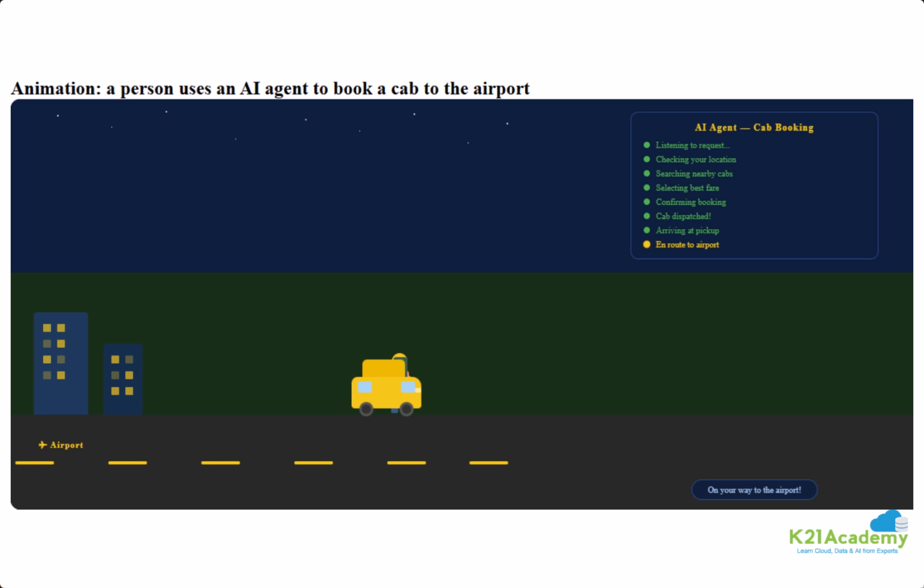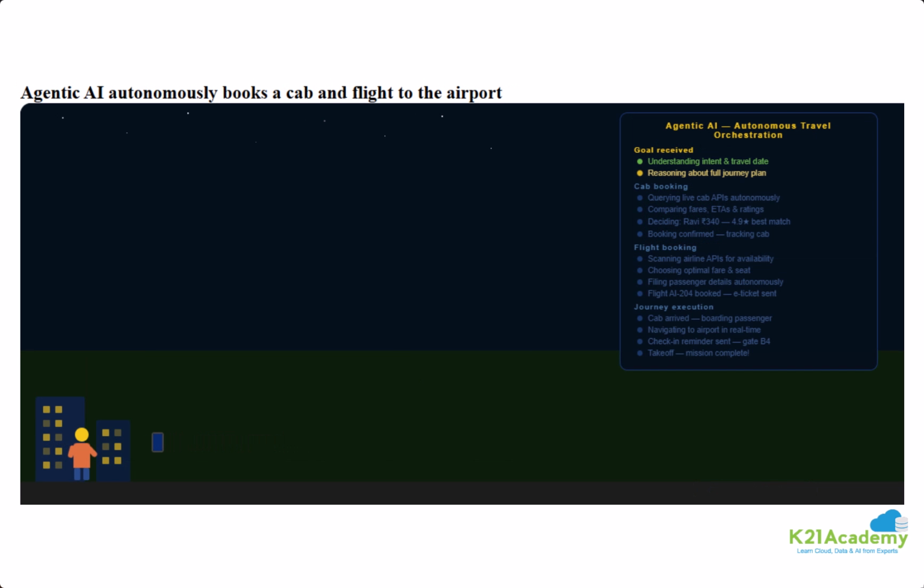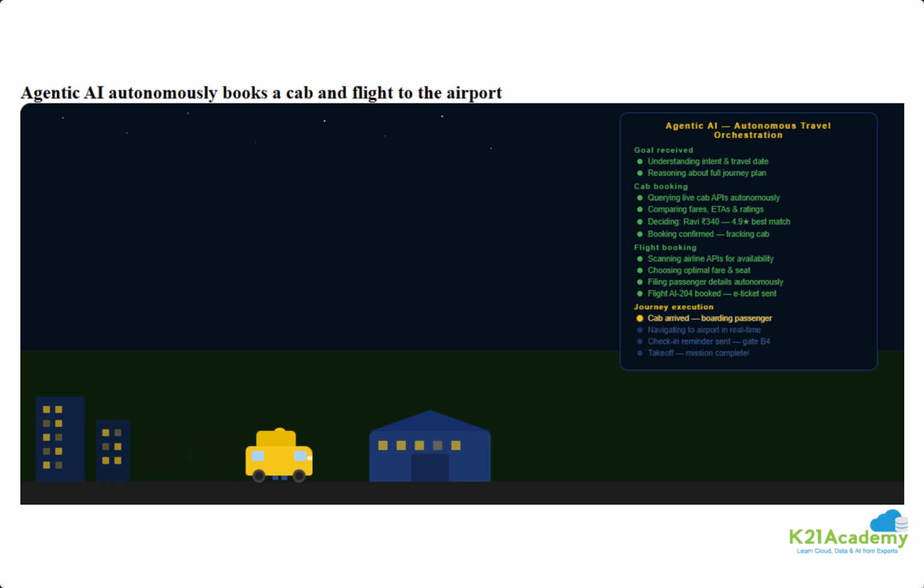Now let's see how an agentic AI will work in this same use case. Understand the difference. An agentic AI is a field where you have multiple agents that can work together. Like someone said, it could be a workflow, it could be an orchestration where multiple agents can work together and they can take decisions.